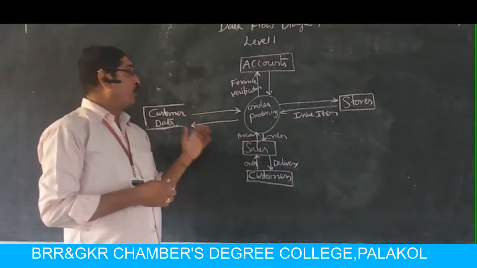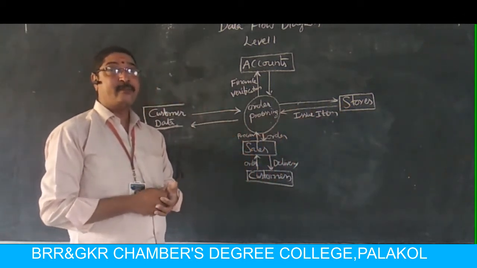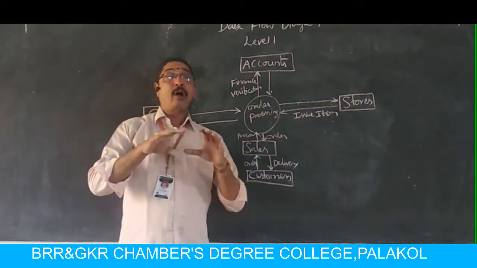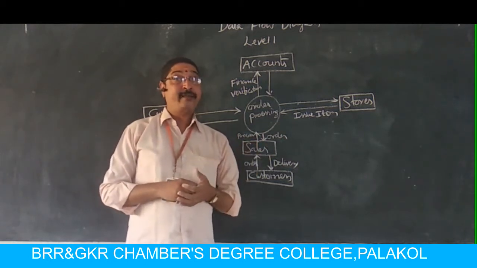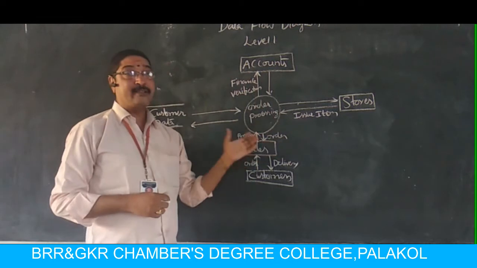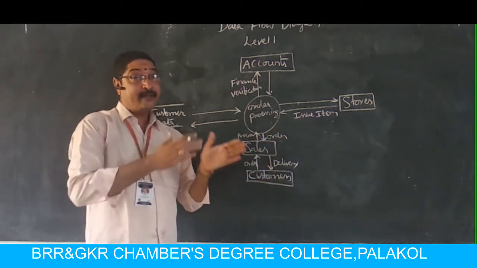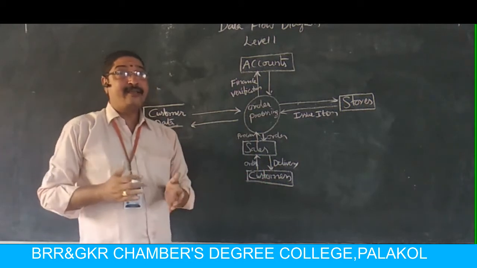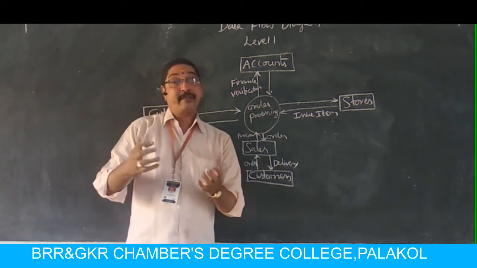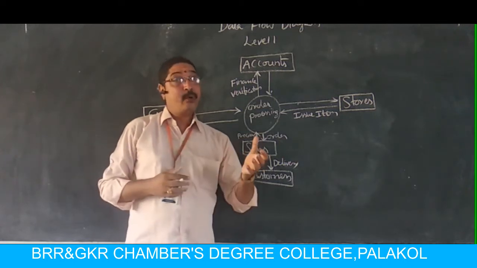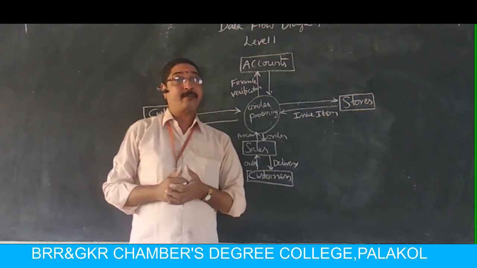In level 0, we have not mentioned all the details, because as an overall simple view it never contains all the details. But in the next stage, level 1, it contains some more inner details about the transactions, the processes inside the organization.